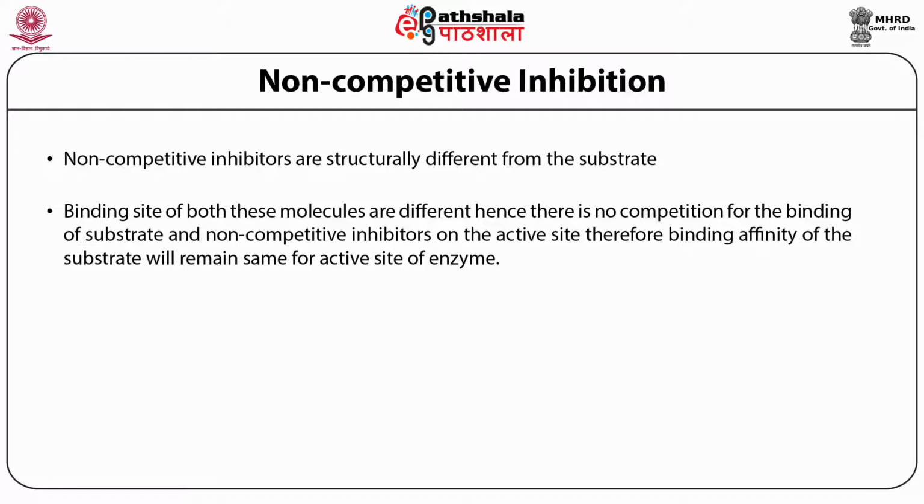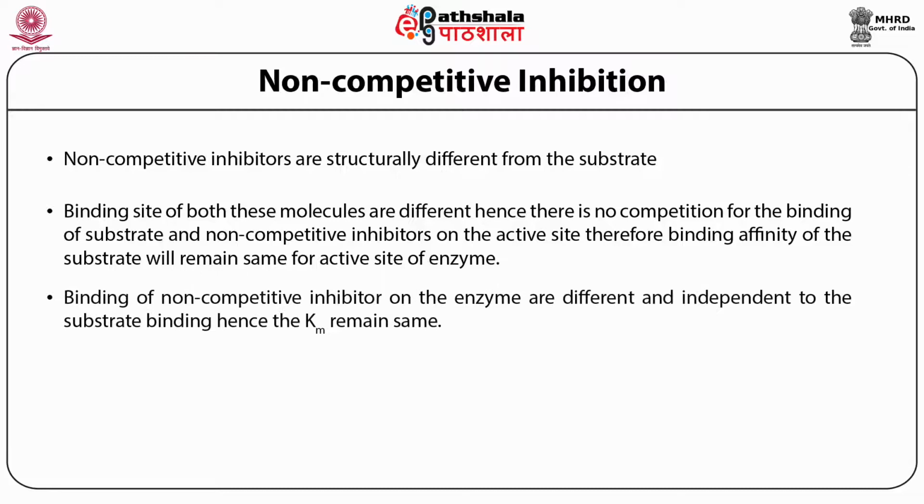As you can see, the substrate binds to the active site while the non-competitive inhibitor binds to the non-competitive inhibitor binding site. Please don't confuse the non-competitive inhibitor binding site with the allosteric site because they have different properties.